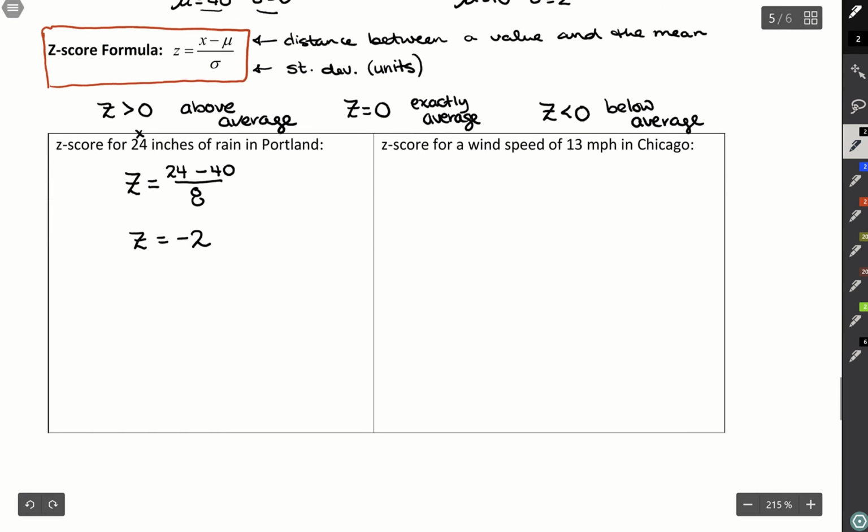So what that's telling us is that 24 inches of rainfall in Portland is giving us our distance away from the mean in standard deviations. Because it's negative, we're below average here. So this is 2 standard deviations below average.